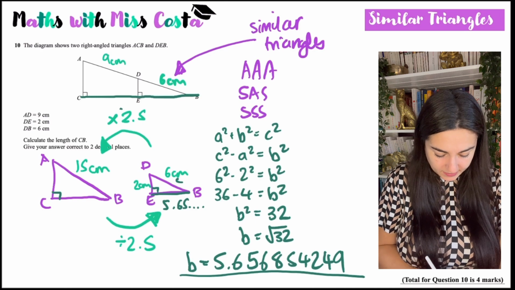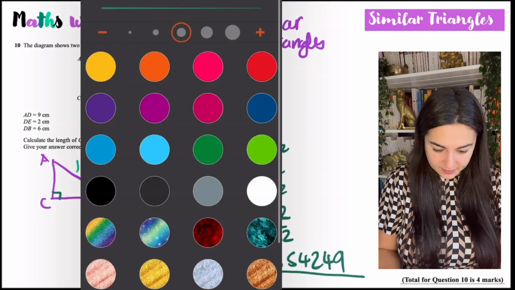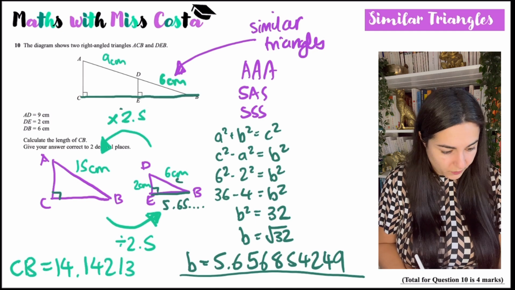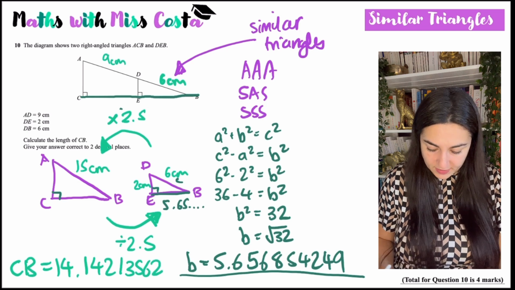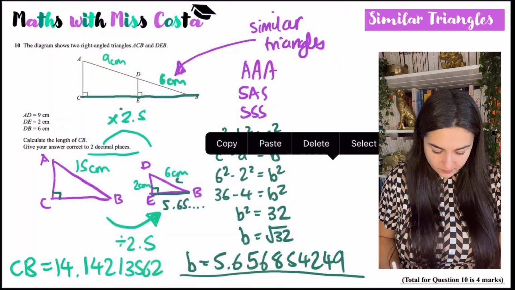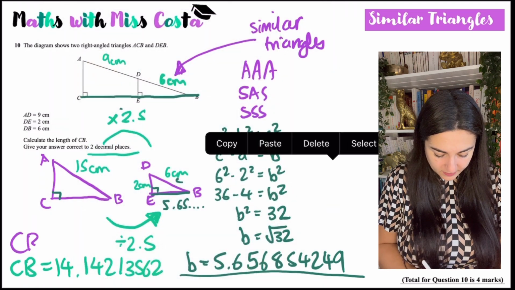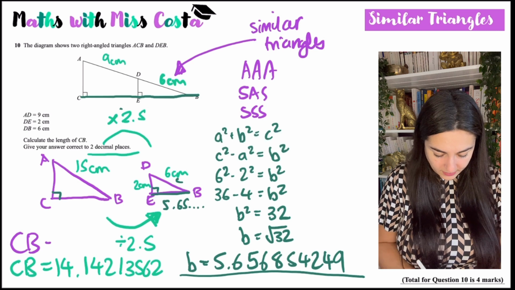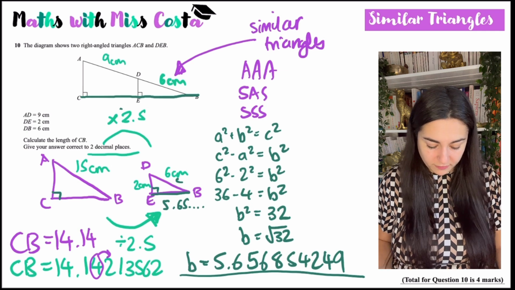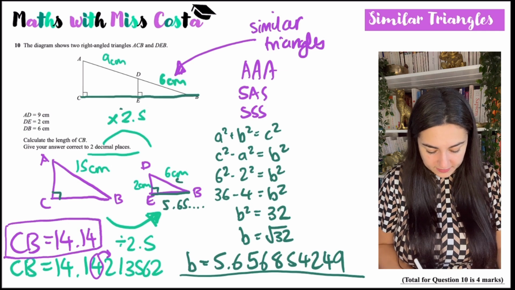So CB, let's do it in a different color. CB is 14.142136562, but it says give it to 2 decimal places. So CB would be 14. This is the second decimal place. I'll look next door, just 14.14. And that's your final answer.